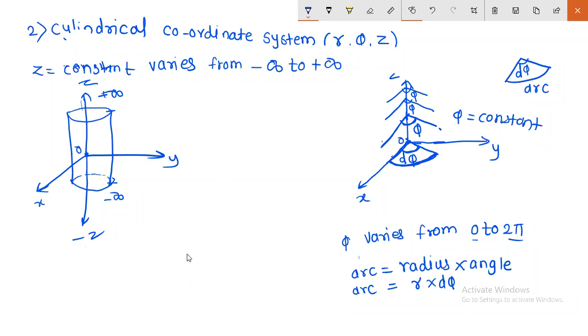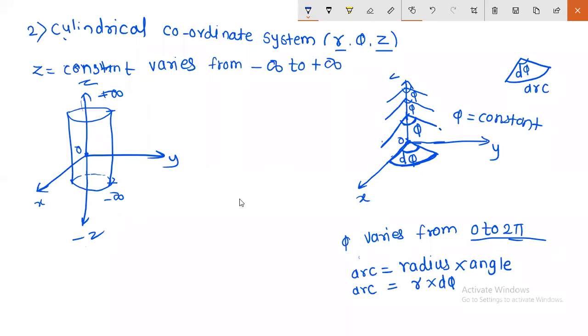So your R coordinate, the radius of the cylinder, varies from which point to which point? 0 to infinity. Then phi varies from 0 to 2 pi. And your Z varies from minus infinity to plus infinity.